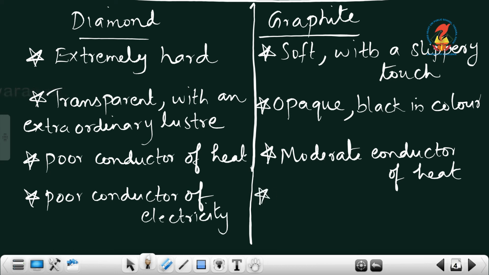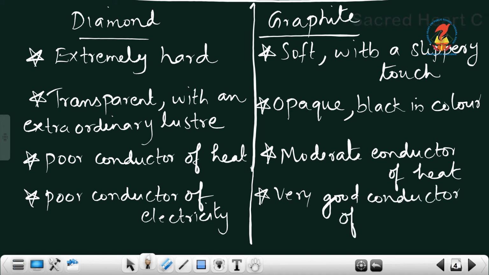But graphite is a very good conductor of electricity. This you have learned in 8th standard. Usually non-metals are poor conductors of electricity, but graphite is a very good conductor of electricity.